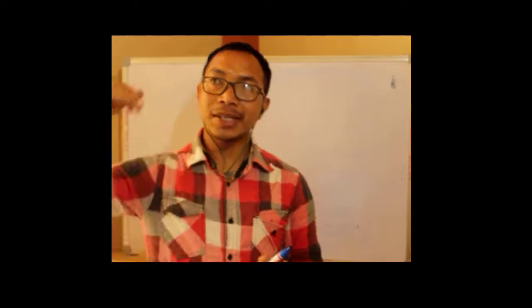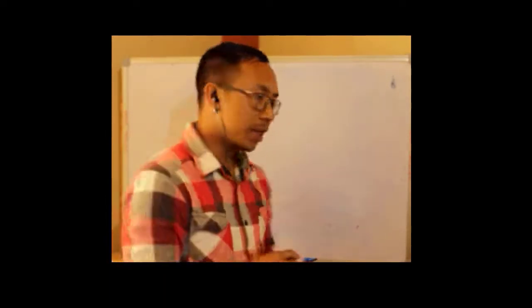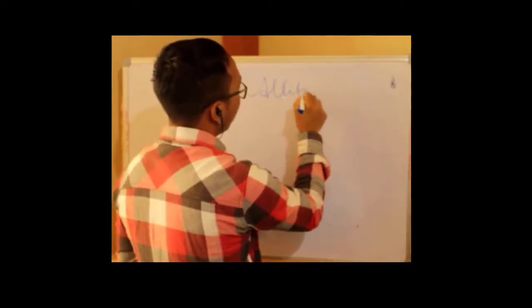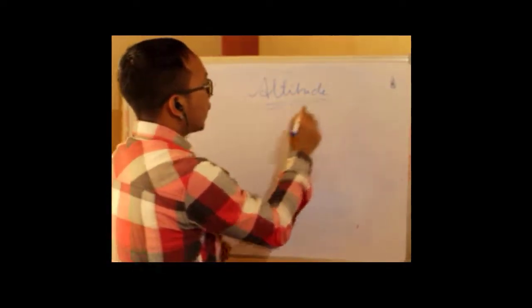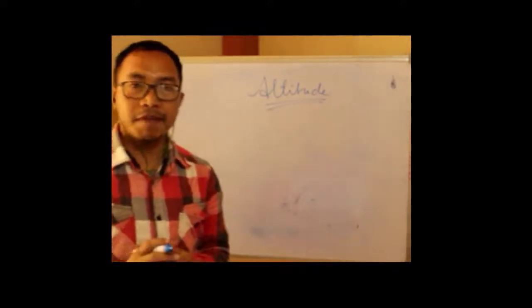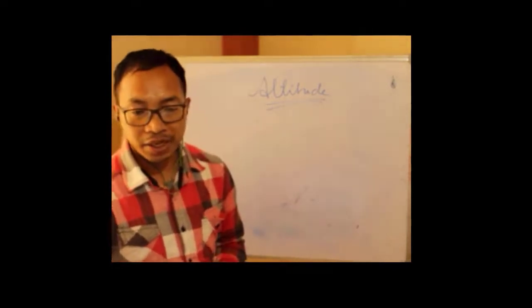Agra is in the plain region, and Darjeeling is a hill station, so it is at a high altitude, right? So now we can say that the second climate control is the altitude. Because of difference in altitude, there can also be variations in the temperature or climate of any region.